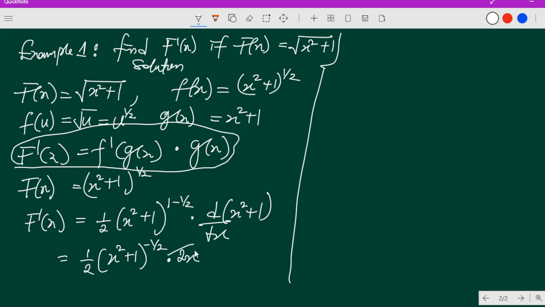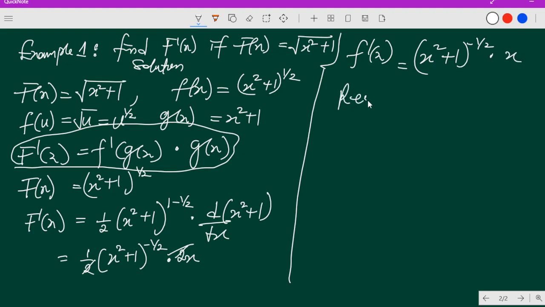You see that the 2 cancels the half, so f prime of x will give you x times x squared plus 1 all raised to power minus 1 over 2.